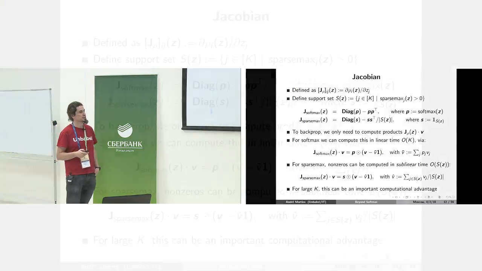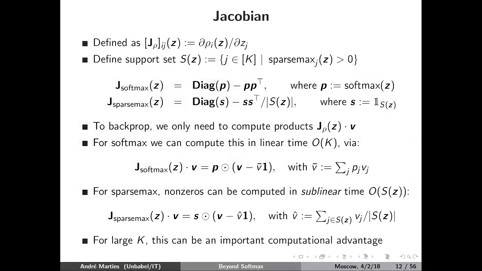For Sparsemax, we again have a very similar formula. Instead of P, we use this indicator vector S. Pretty much everything else is the same. But there is a very important detail here, which is that the runtime is actually better than O(K). Because if we have computed the forward pass already, we already know what are the coordinates that are not going to be truncated, okay?